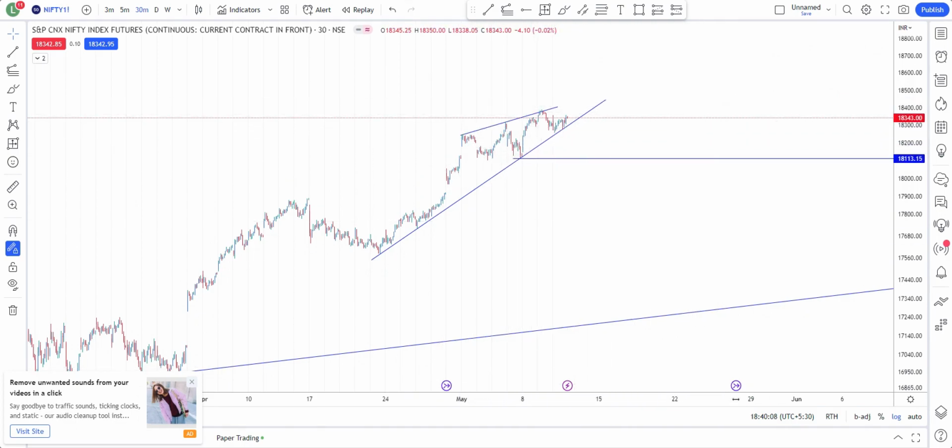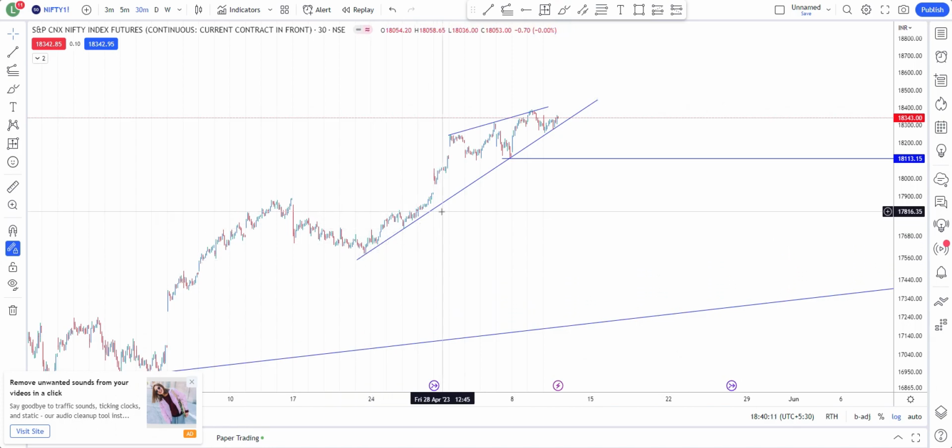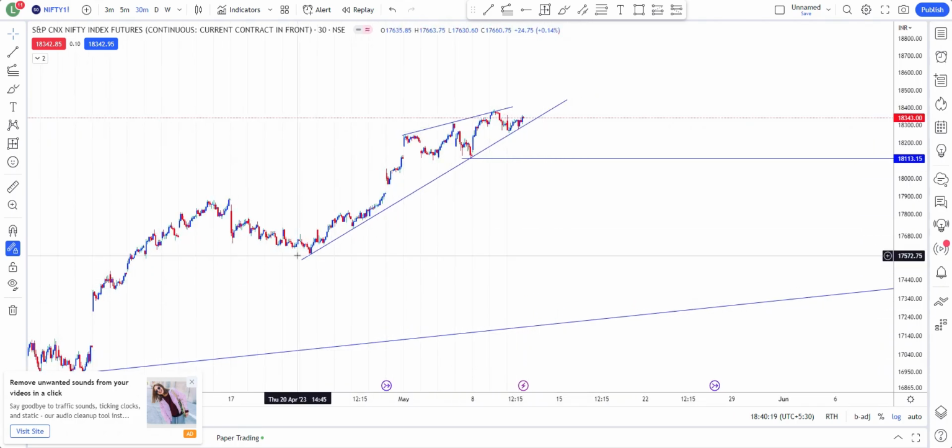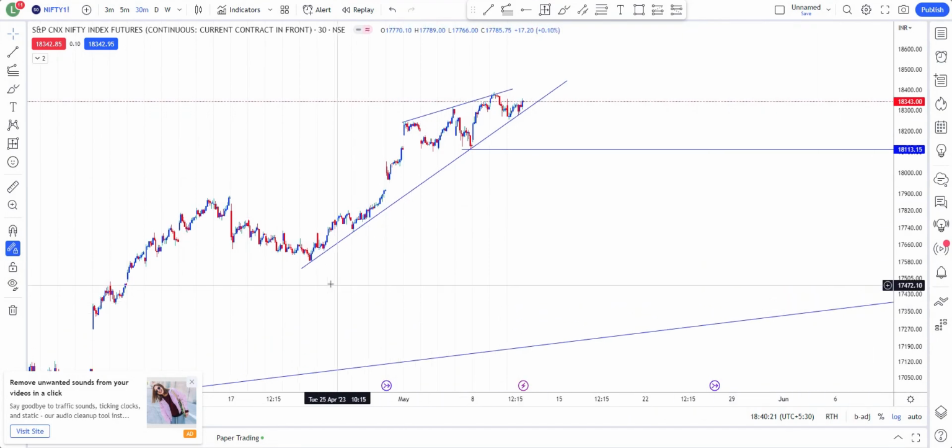Now this is a trend line which I have drawn connecting the lows in this up move. It was drawn yesterday only. I thought to draw it, and today the price exactly touched the trend line, and now it is starting to show some momentum to the upside.